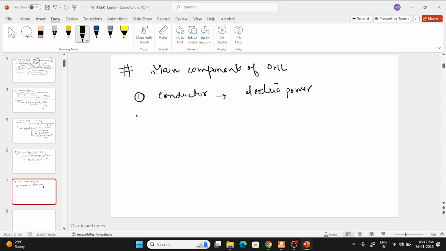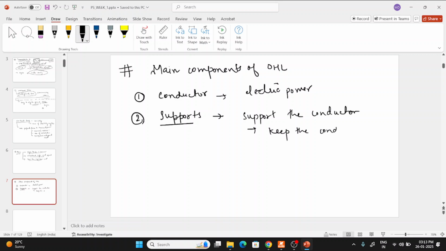Okay. Then to support that conductor, we have various supports like poles, which keep the conductor at a suitable length. So supports hold the conductor in hanging, and keep the conductor from the ground. Then another very important component is the insulators.